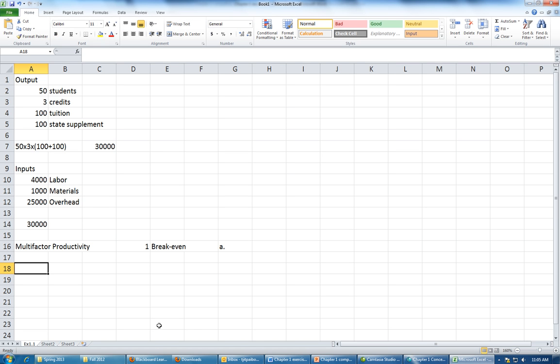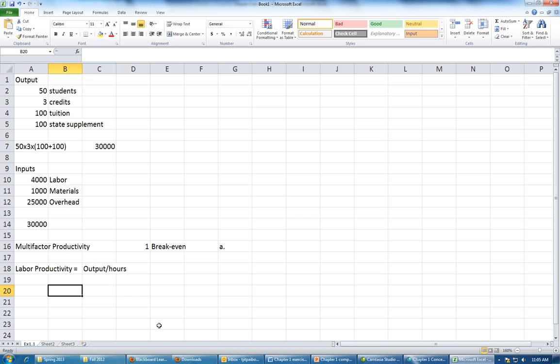First we have labor productivity equal, in this case, output divided by hours.